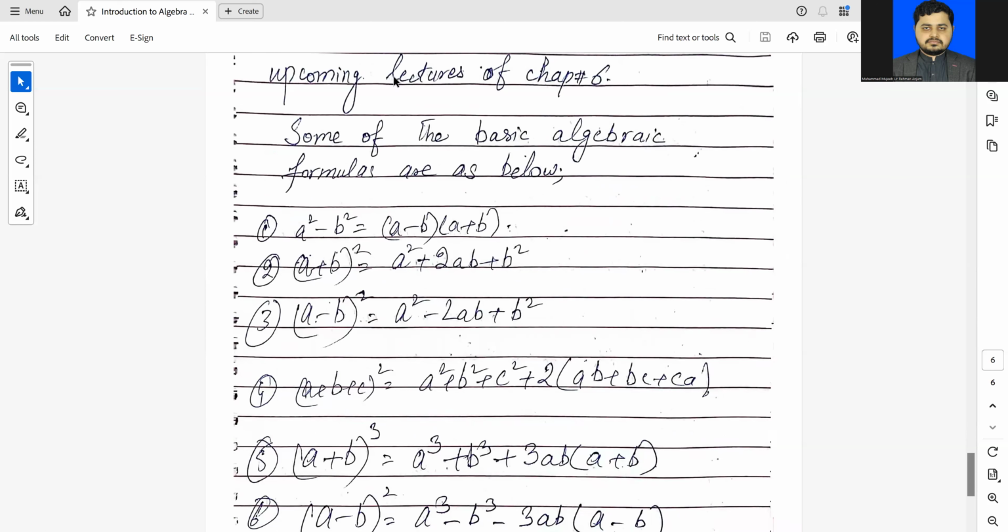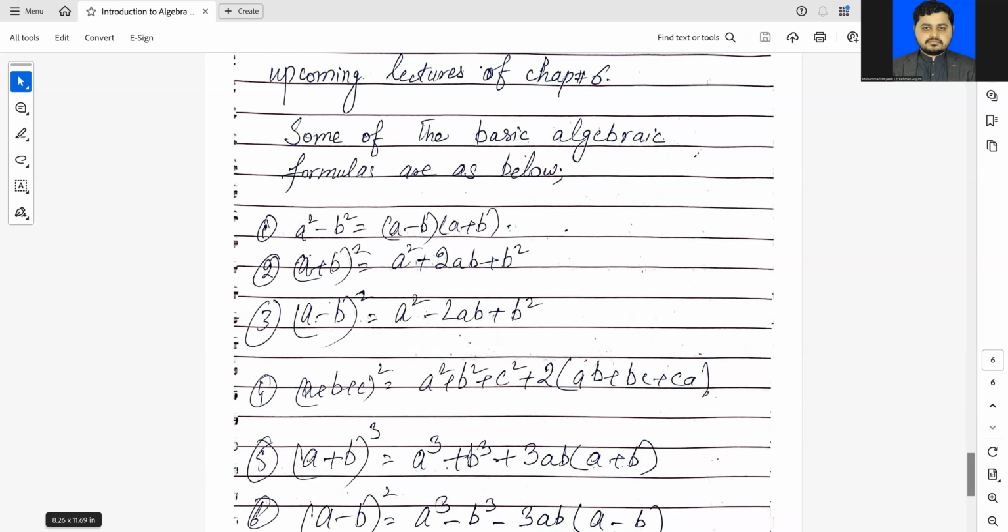First is a square minus b square, which becomes equal to a minus b times a plus b. Remember that when we have an equation, the left hand side becomes equal to the right hand side and vice versa.